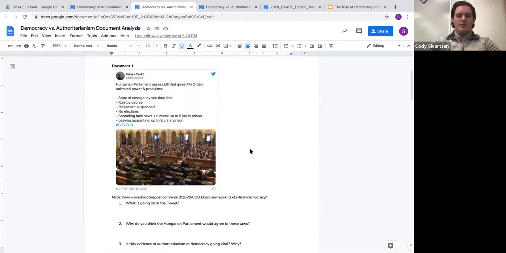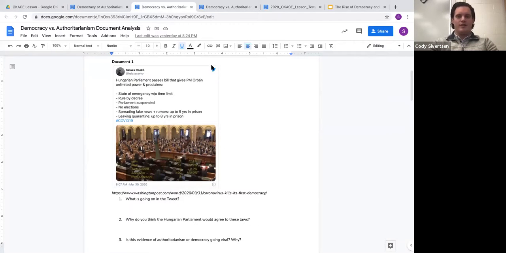As far as these 4 documents are concerned, the first one is a tweet, and it references back to what you would have talked about the day before with the Hungarian parliament giving the prime minister unlimited power. A lot of kids like looking at stuff like this. It's a tweet. It's very digestible to them because it's something they often look at on a regular basis.